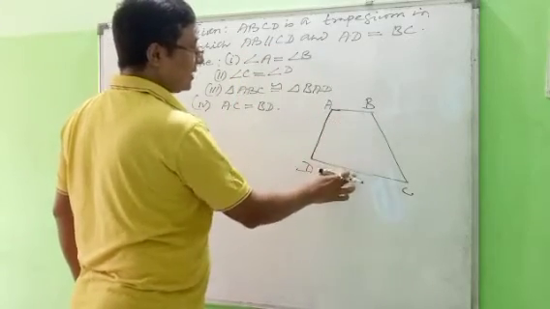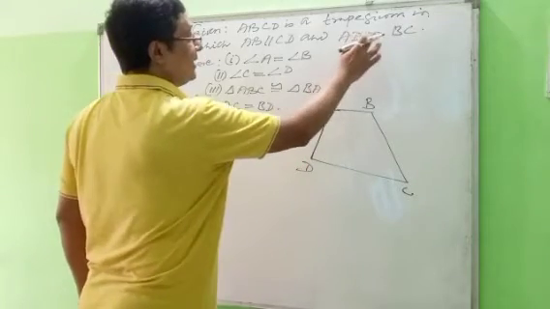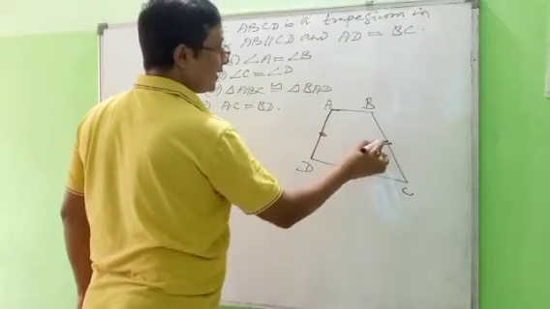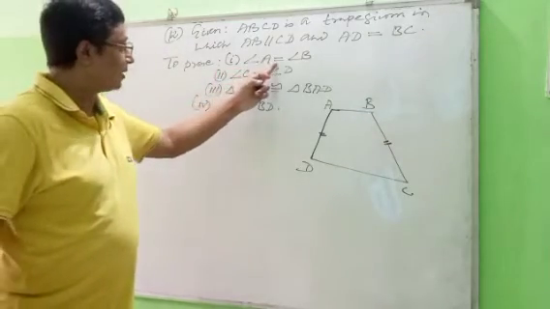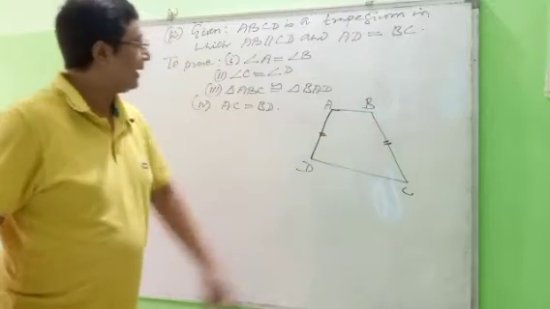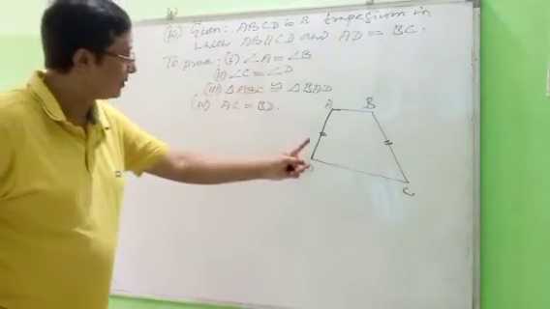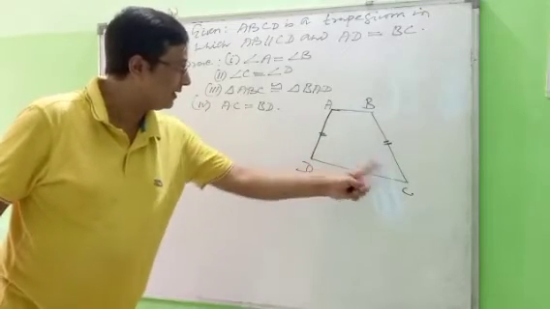So this pair of opposite sides are given as parallel, and then AD equals BC, so this opposite pair of sides are given as equal. You have to prove that angle A equals angle B, so these two angles must be equal. Then number 2, angle C equals angle D, so these two angles, C and D, must be equal.